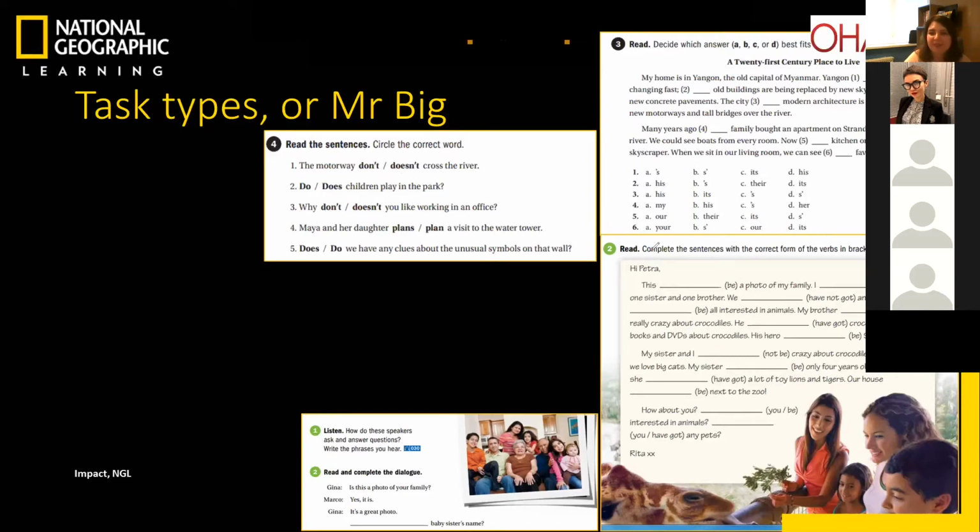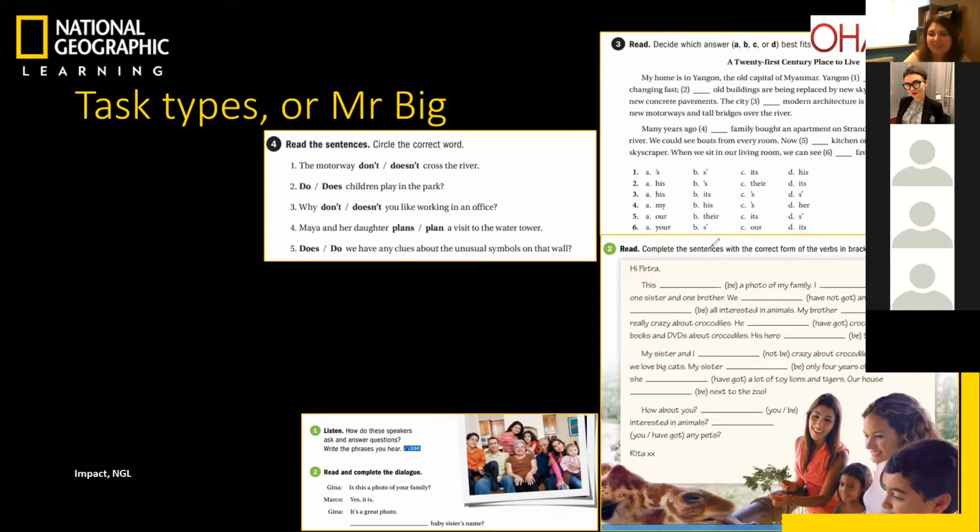Then if we look at exercise 2 here, complete the sentences with the correct form of the verbs in brackets. Again, we are aiming at some grammar forms.